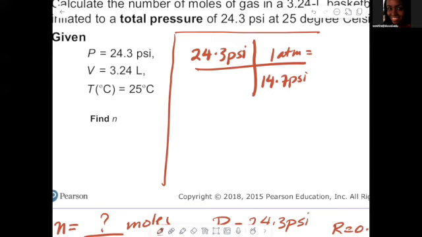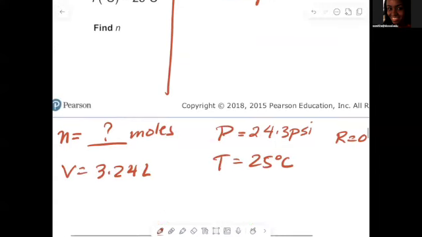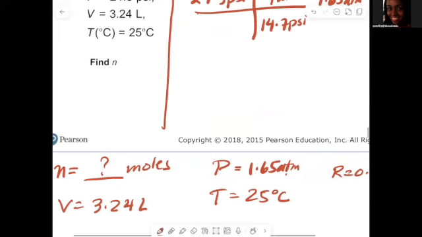Once again, doing my math on the side. 24.3 divided by 14.7. I get 1.65 atm. So let me actually go ahead and replace this with the units I want, 1.65 atmospheres. Okay, so the first one is done.